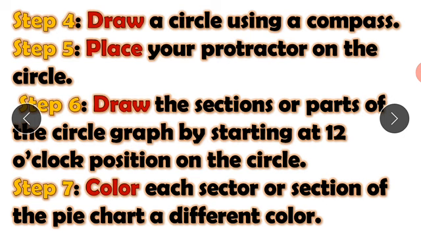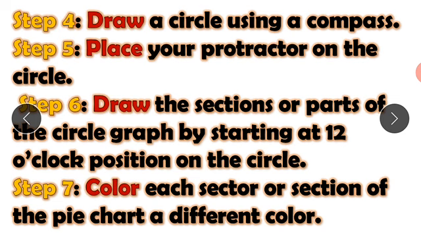The fourth one is draw a circle using a compass. And next is place your protractor on the circle. The sixth step is draw the sections or parts of the circle graph by starting at the 12 o'clock position on the circle.